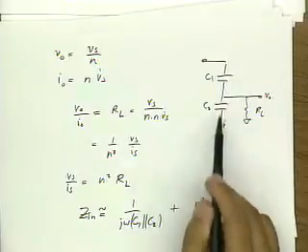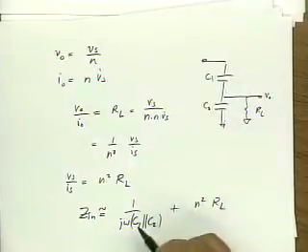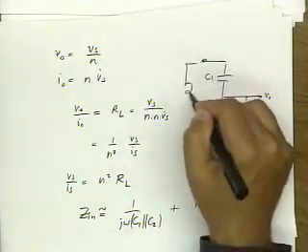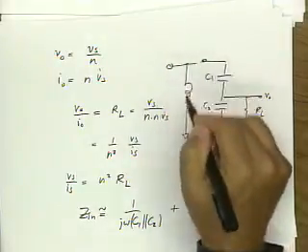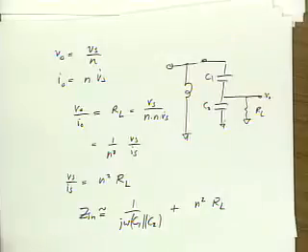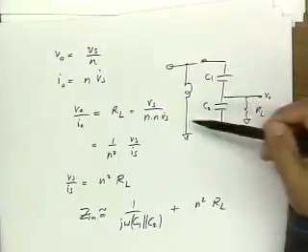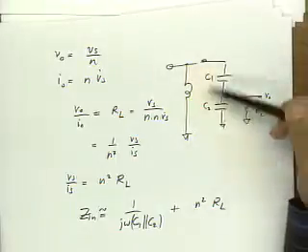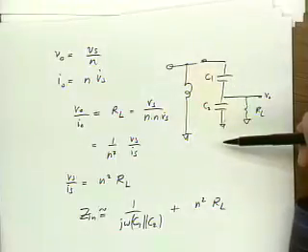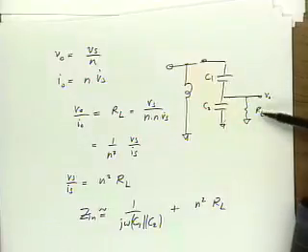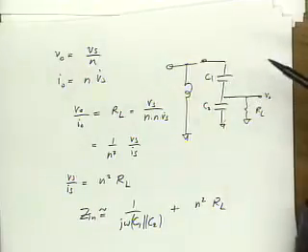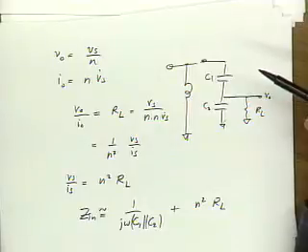Unless these capacitors are really small, this is inconvenient, so we could always tune this out by putting a big capacitor here, big inductor here, to tune out that part. So this is a very simple way to build an impedance matching network. It's particularly nice for integrated circuits because it just involves using capacitors and possibly an inductor if we don't like this capacitive part to load us down. And it lets us go from, let's say, small resistance to a large resistance or vice versa. Okay.